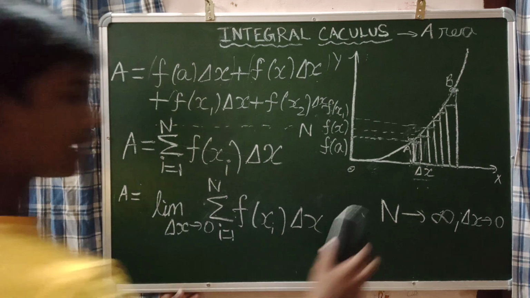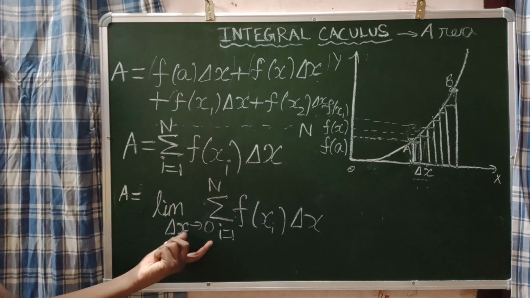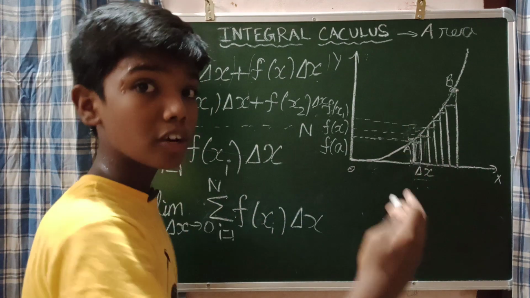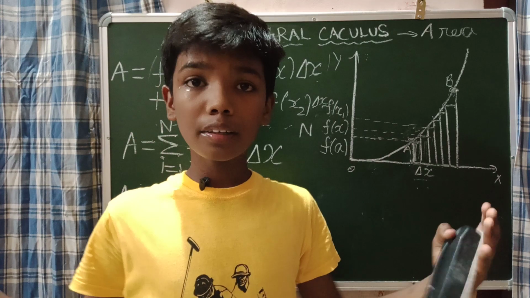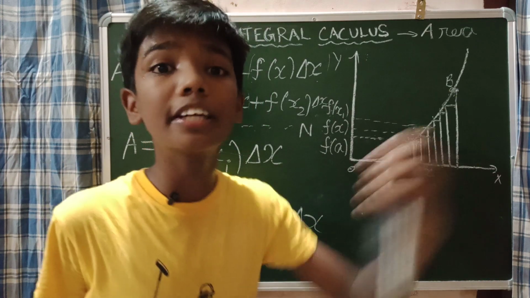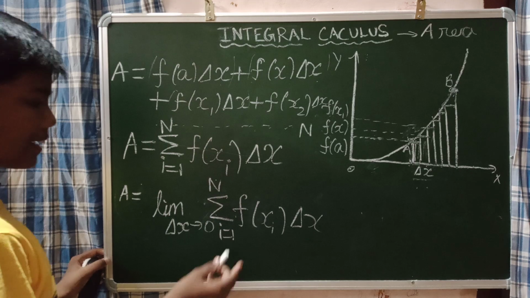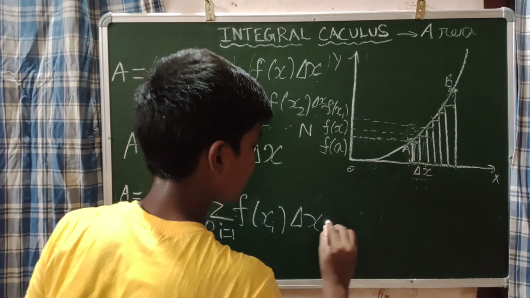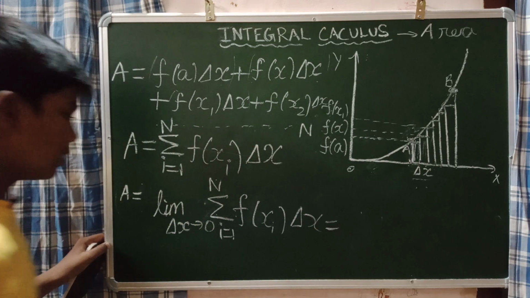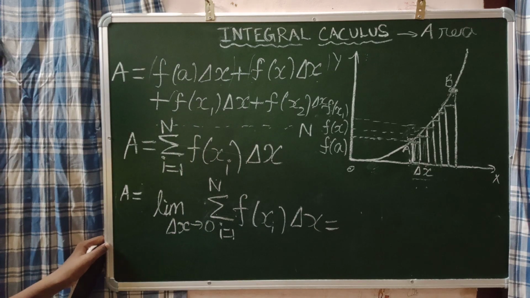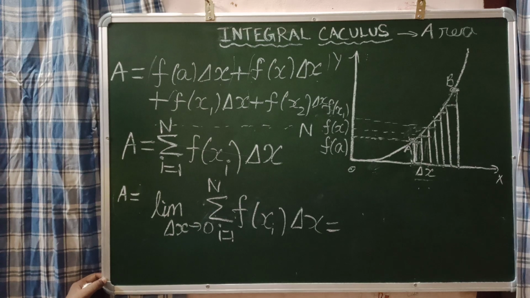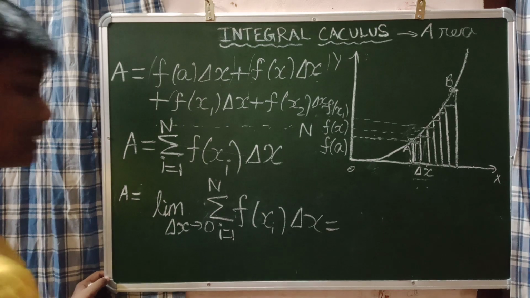Now I am going to rearrange it, because this limit of delta x tends to 0 is very important. Then only we can minimize this triangle, because earlier, when the number of strips increases, the delta x turns to 0. So the new form we get is, the limit of delta x tends to 0 can also be written as dx.